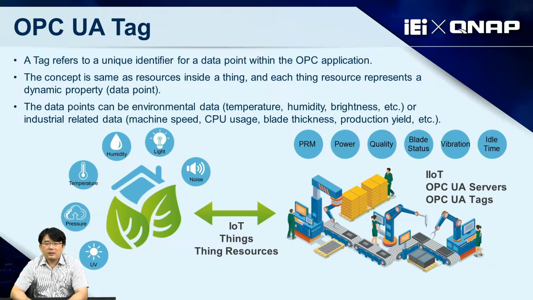The concept is set as a resource inside a scene, and each scene resource represents a dynamic property data point. The data points can be environmental data, temperature, humidity, brightness, or industrial-related data, like machine speed, CPU usage, brand thickness, production yield.